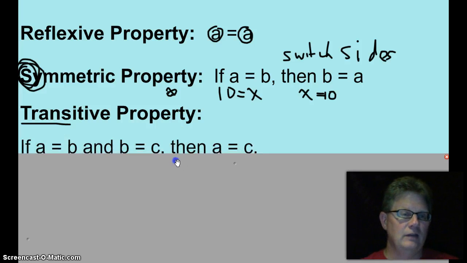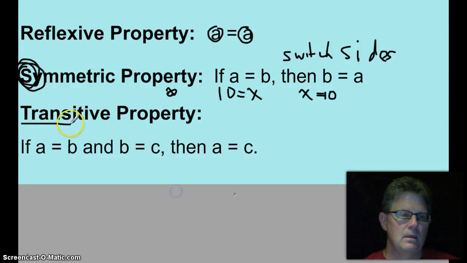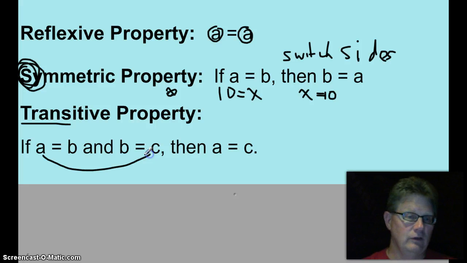So, the transitive property: if A equals B, and B equals C, you're going to go across. That's why it's called the transitive property. Then A is going to equal C. That's the transitive property.